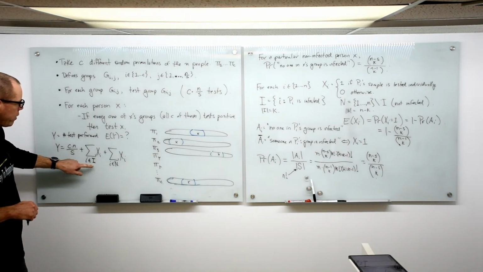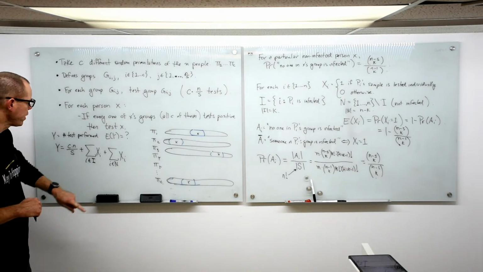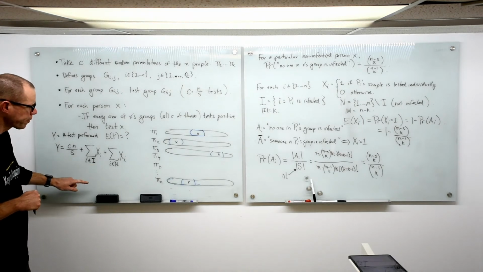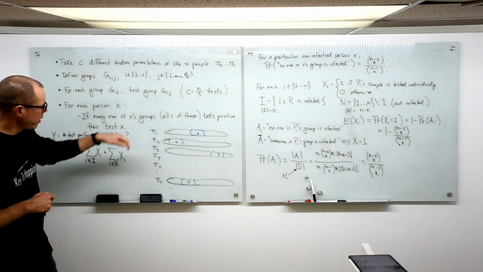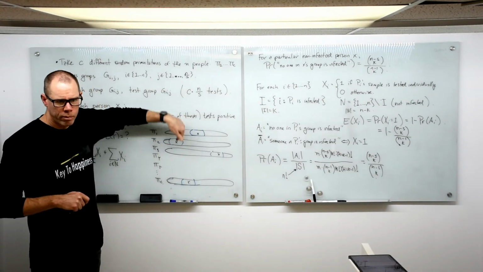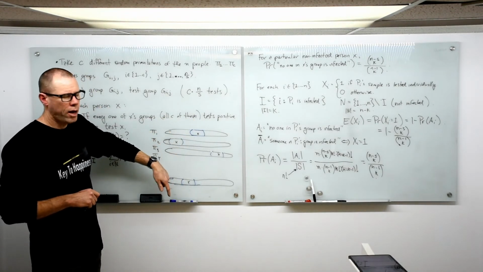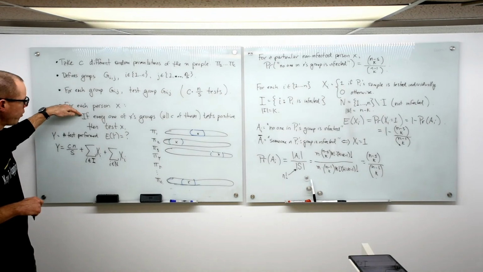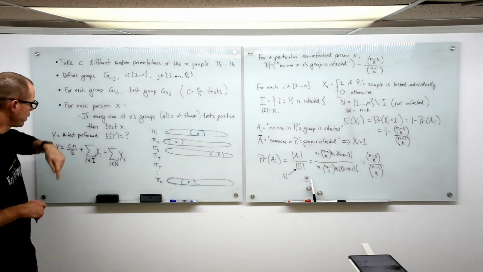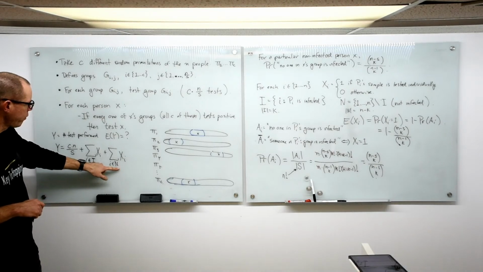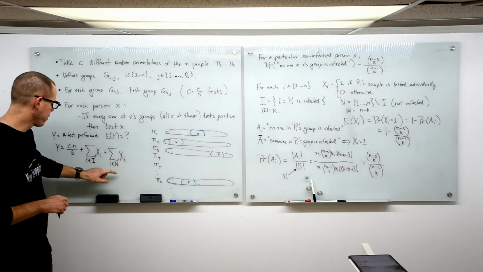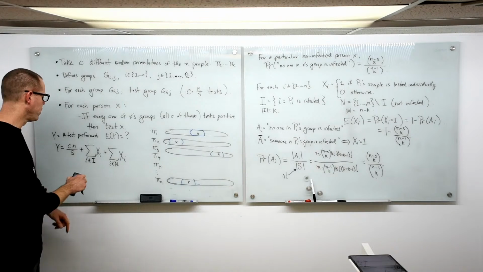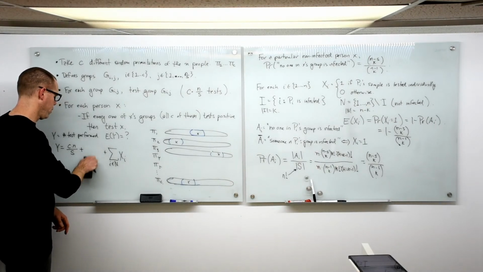In the second round of testing, there's a difference between infected people and non-infected people. The infected people will always get tested in the second round of testing. Why? Because an infected person will make every one of these groups test positive, and so they will get tested again. Every one of the groups that they're in will test positive, so we'll test them. And then it's just a question of these non-infected people. How many of them get tested? So the number of tests of infected people is every infected person. So it's K.